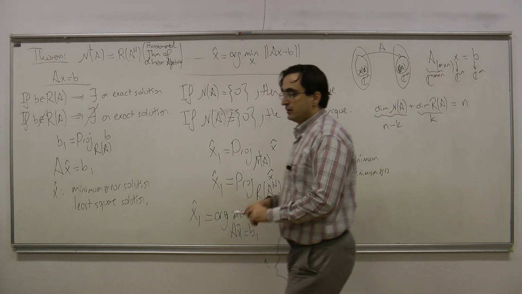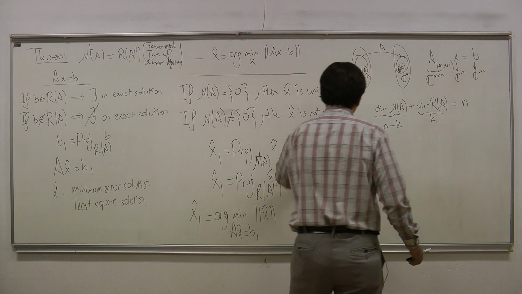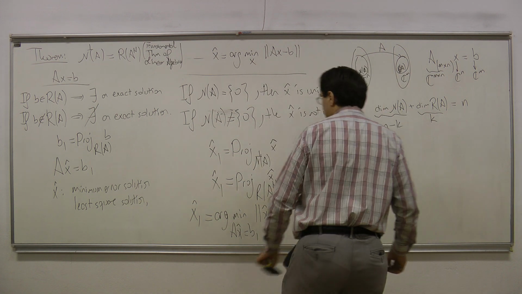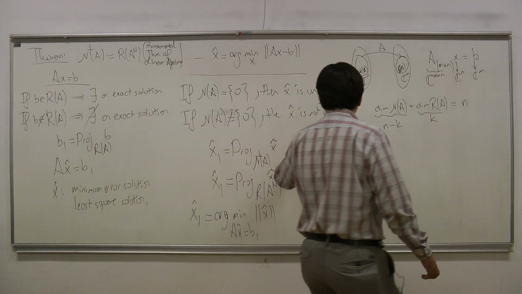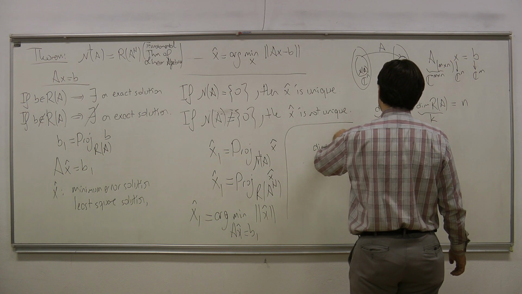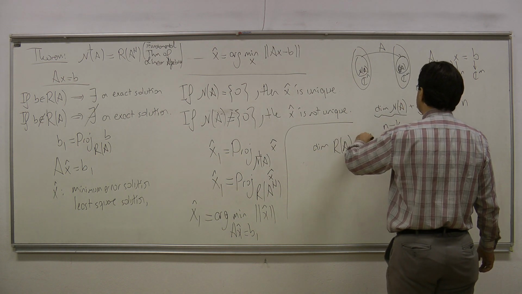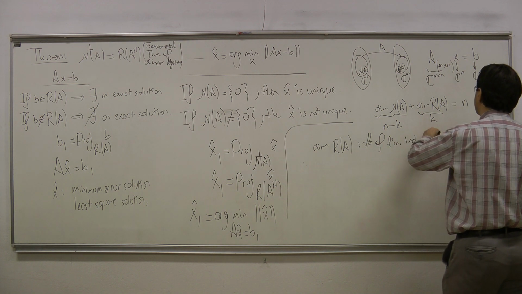The nullity would be n minus k if the rank of the matrix is k. What is the rank of the matrix? What is the dimension of range space of A? This is the number of linearly independent columns of A.